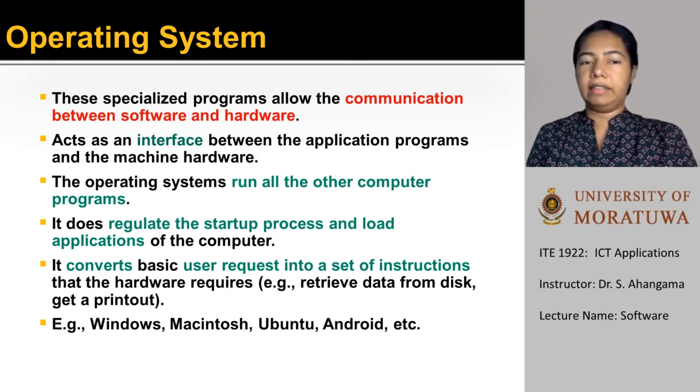So it acts as an interface between the application programs and the machine's hardware. It converts basic user requests into a set of instructions that the hardware requires. For example, retrieve data from disk, get a printout.